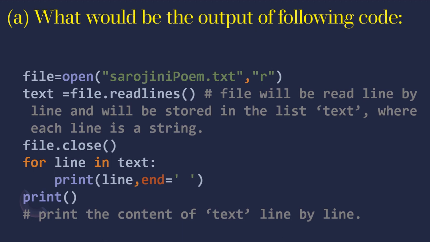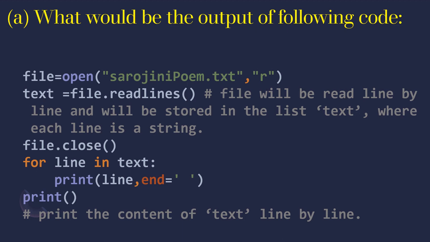As you know, the readlines function will read the file line by line, and the lines will be stored in the form of a list, where each line is considered a string. Each line will be a string and the output will be a total list. That means it is a list of strings, and that is stored in a variable called text.